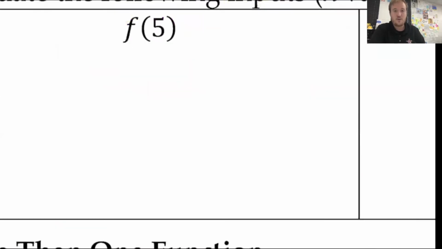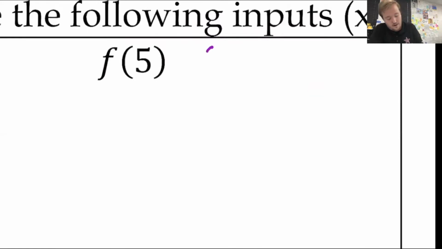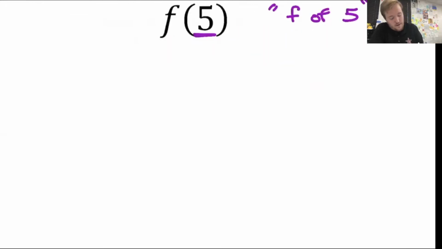Okay, so what this first problem here is saying is I am given f of 5. That's exactly how you would say it, f of 5. So what this means is this x value is equal to 5. So if I have, say, f of x, and it's equal to 2x plus 1, I am going to take that 5, and I'm going to sub it in for my x values.